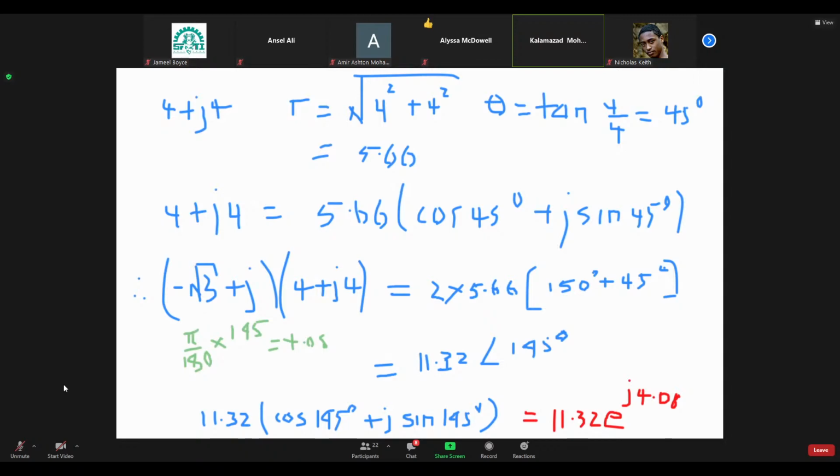All right, so that takes care of complex numbers. I'll send you a worksheet to do on complex numbers. Any questions, comments? Everybody okay?